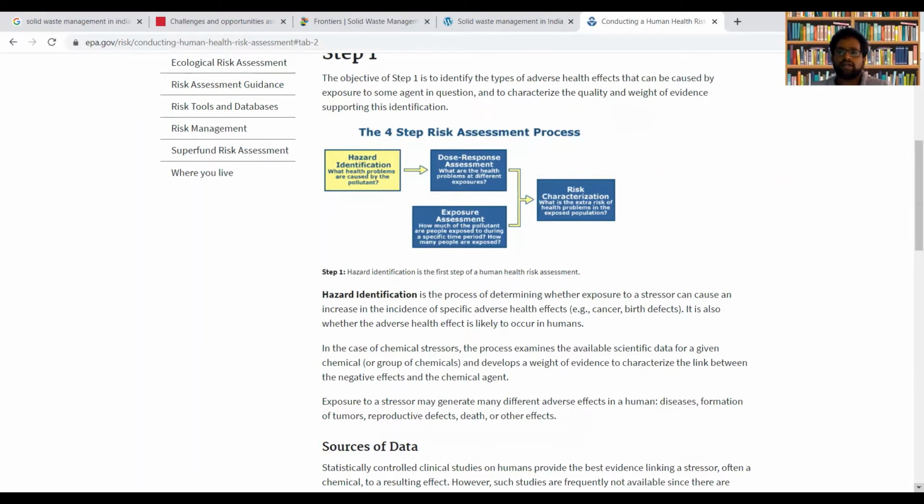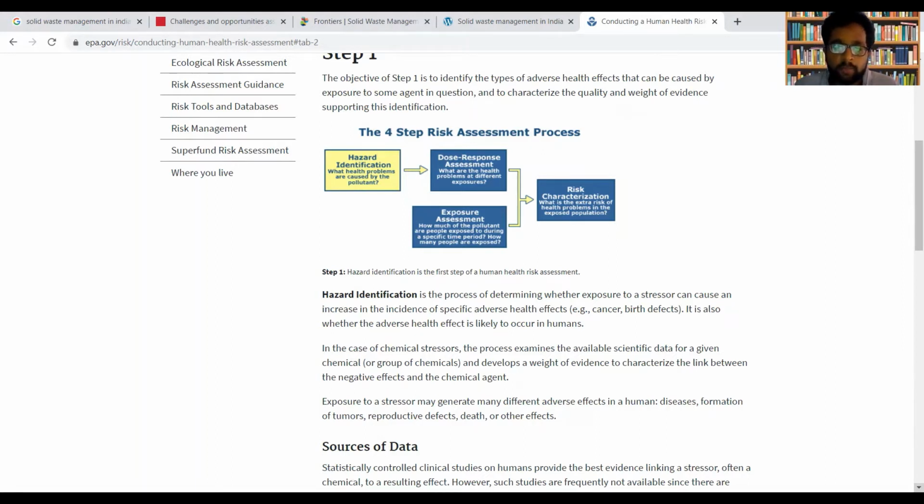For example, cancer is an adverse health effect. Some forms of birth defects are another example. So whether the exposure to one particular stressor will start some new adverse health effect, or whether it will increase the chances of this adverse health effect.